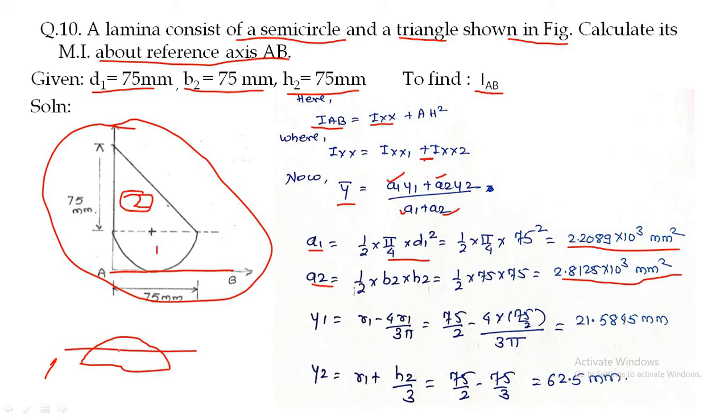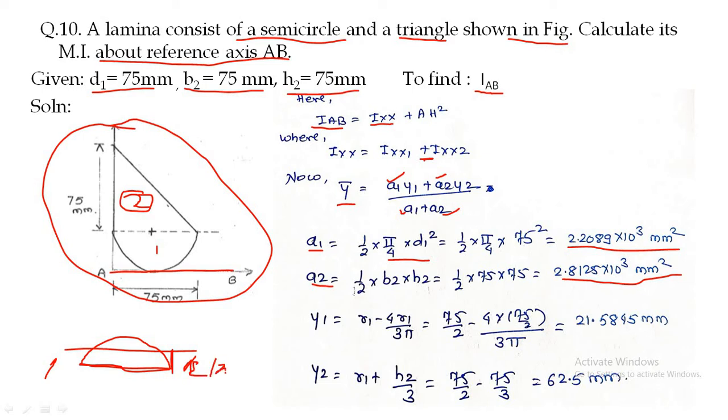Now the distance from this line to the horizontal centroidal axis of the semicircle, we have learned it, and the value of that distance is equal to 4r upon 3 pi.